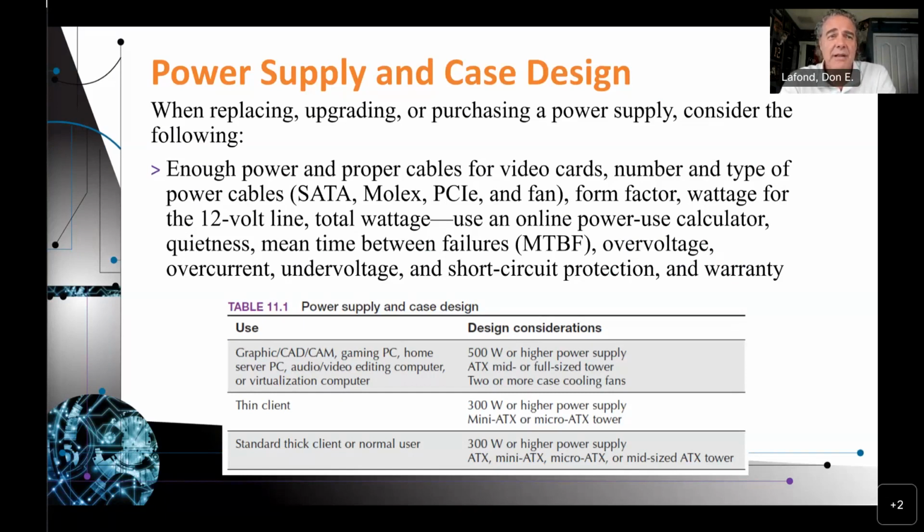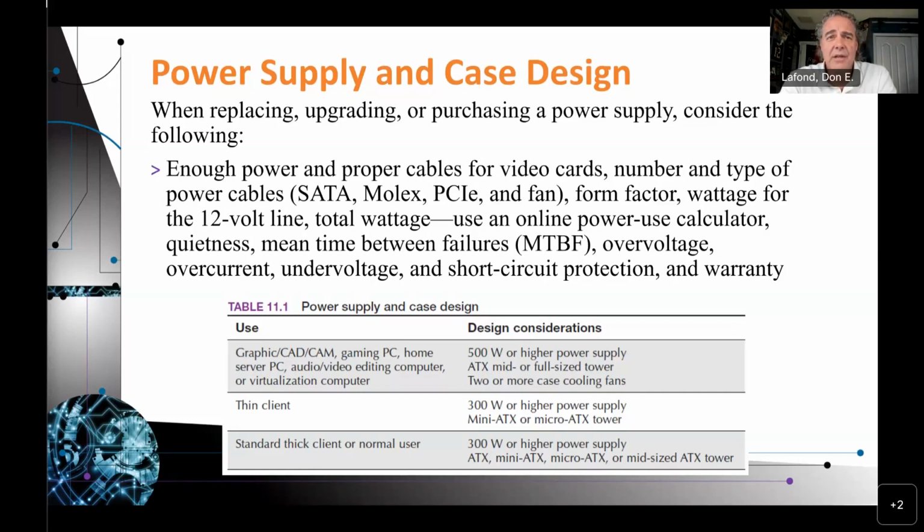So if quietness is important to you, then maybe buying a power supply that's twice as big as what you need is worthwhile. It's going to use the same amount of power, because whether you're pulling 500 watts from a power supply that has 1,000 watts or from one that has 500 watts, you're still only pulling 500 watts.